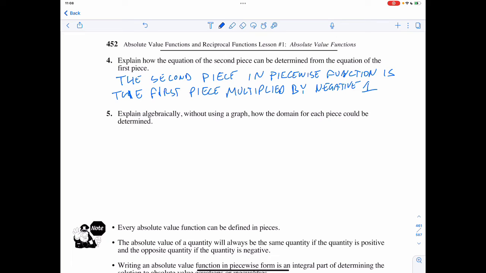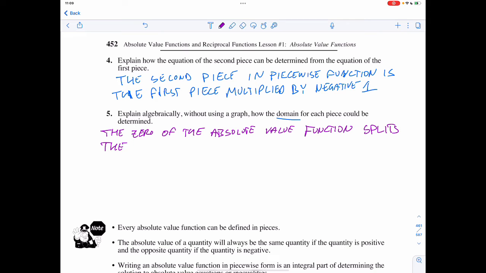When it says explain algebraically without using a graph how the domain for each piece could be determined, we can say the zero of the absolute value function splits the absolute value function into two pieces.